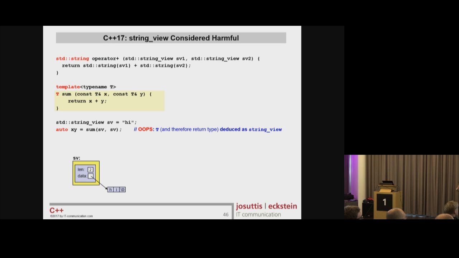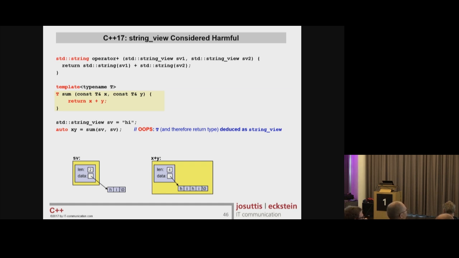And so my string view is passed twice to this function sum, which calls the plus operator. The plus operator will create a temporary string, and the temporary string is the outcome of the expression x plus y in the template and return it to the caller.